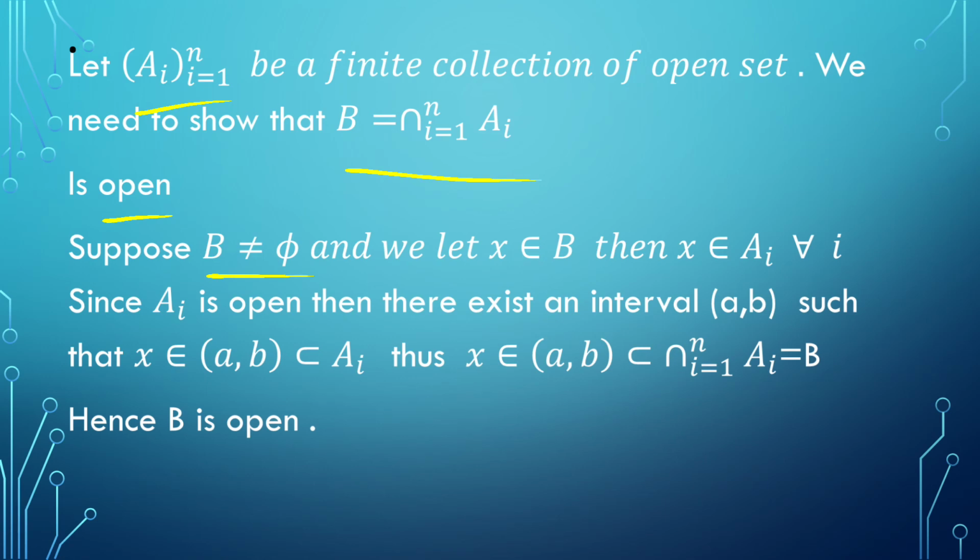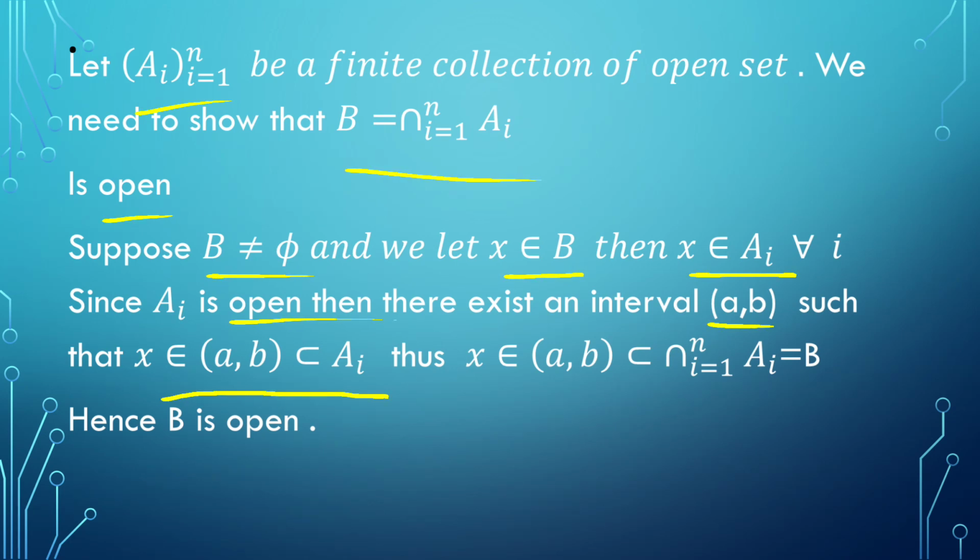So we let x be in B, which means B is not empty, and it means that x is in A_i for all i. Since A_i is open by our definition, there exists an interval (x - epsilon, x + epsilon) such that x is in it and it's also contained in A_i.